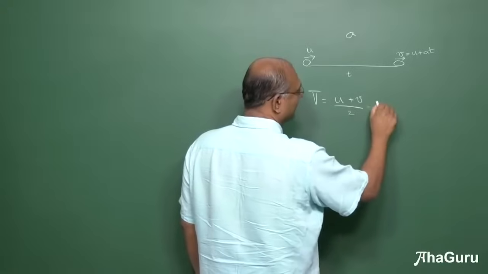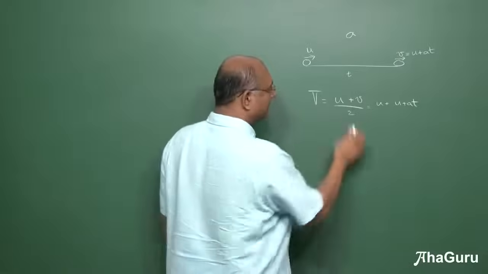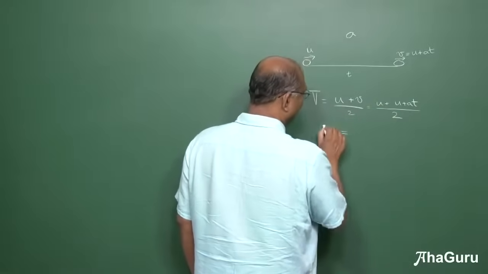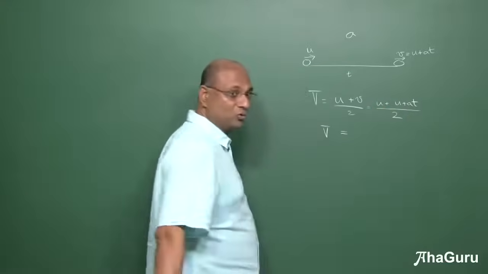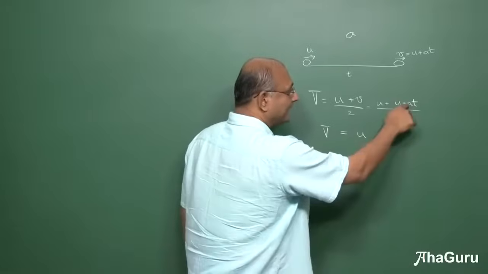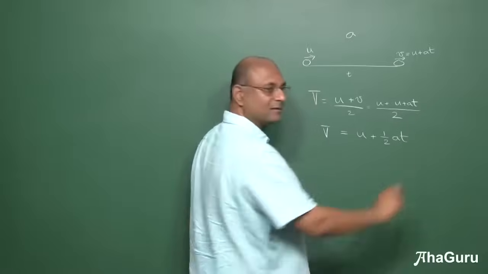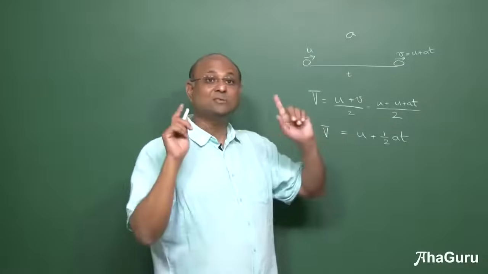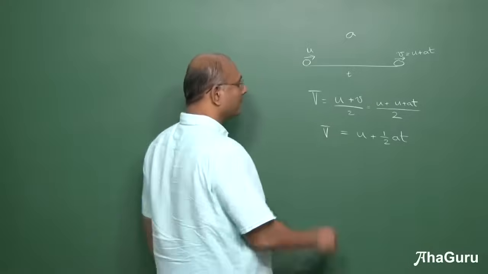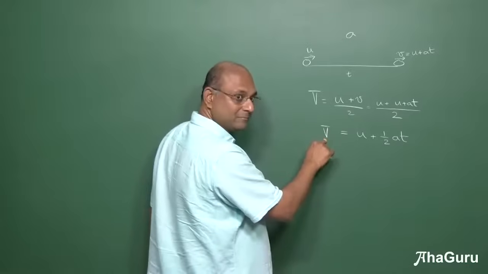But what is v? u plus at. So v is u plus at, by 2. Now look at what is happening. u plus u, 2u. 2u by 2 is u. Then at by 2 is half at. So average velocity is also u plus half at. Now displacement is average velocity into time.